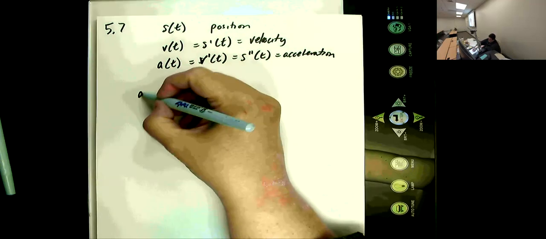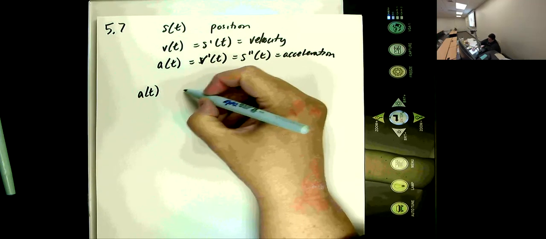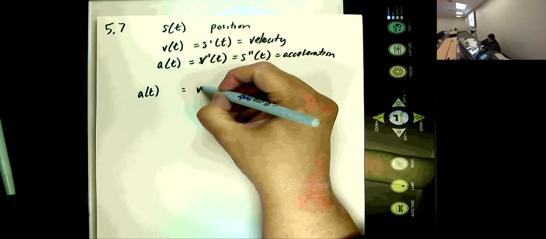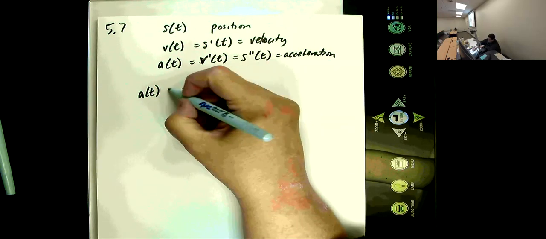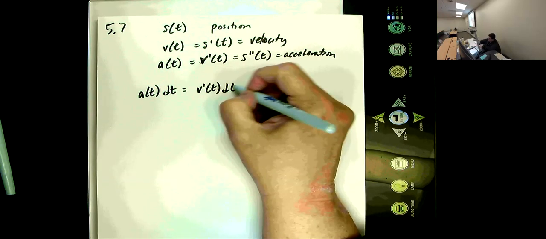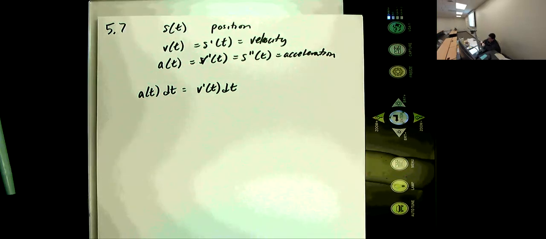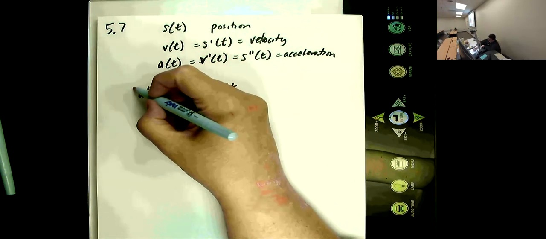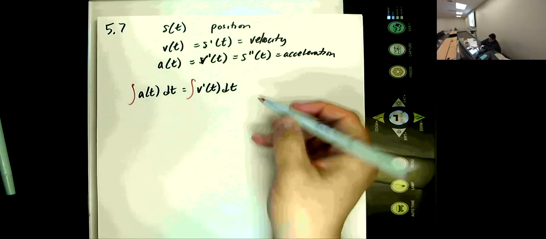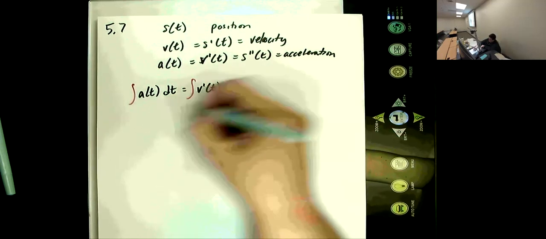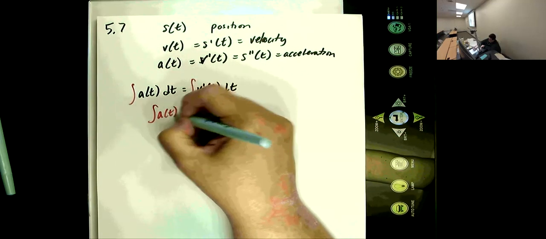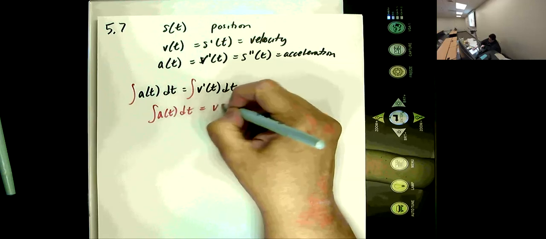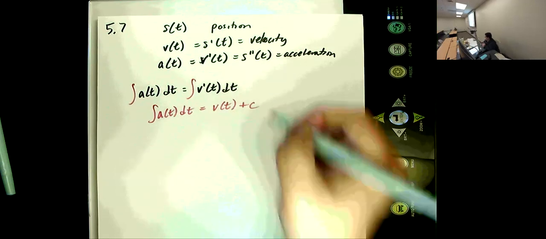If I have a of t and v of t, and I integrate both of these with respect to dt, then the integral of the acceleration is the velocity function plus some constant.